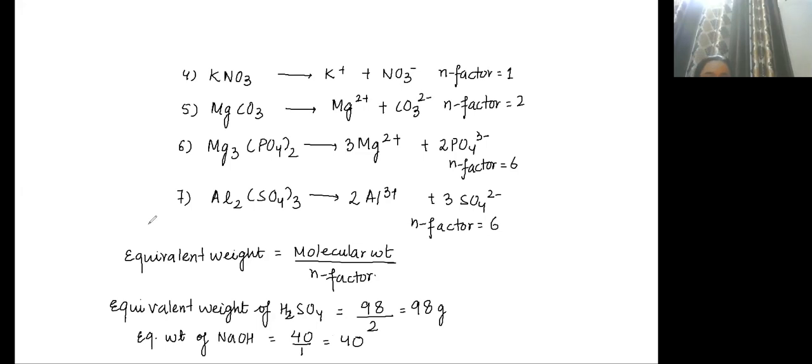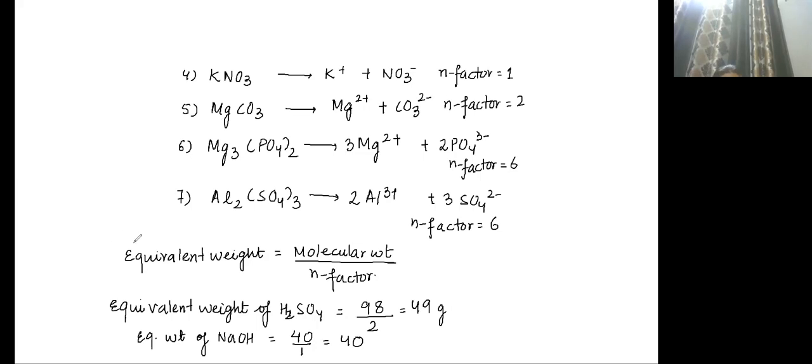Sorry, 98 divided by 2 is 49, class. Yes, that is 49. Copy this. When you are done with this, let me know. So we have written one formula of equivalent weight, that is molecular weight by N factor.